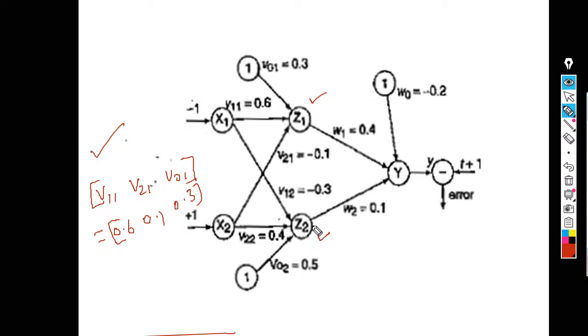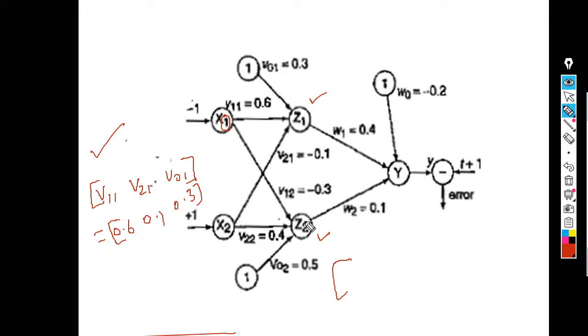Suppose we want to write for z2. For z2 we have to see what the different inputs coming to z2 are. This is v12. We have to take the first subscript and then the later one, this 2. So this is v12.